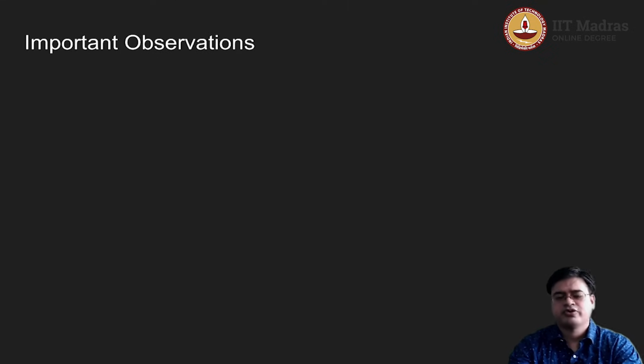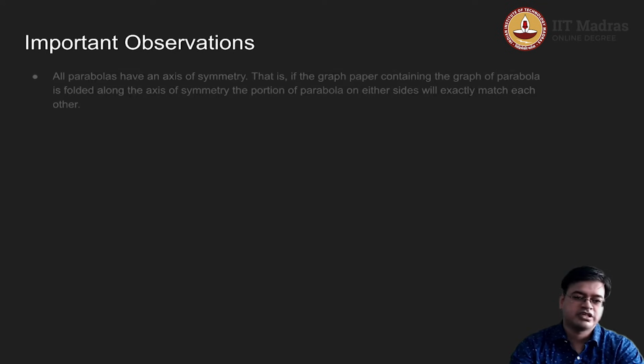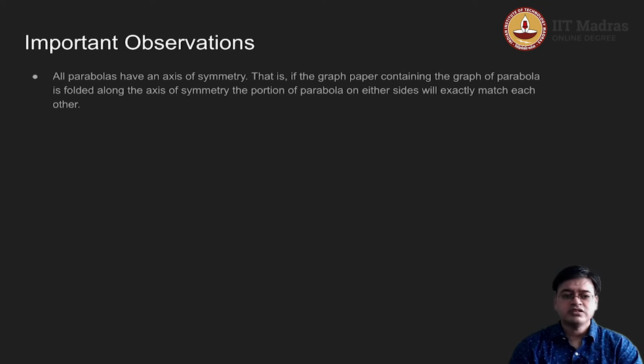So there are few important observations. If you consider the equation y is equal to ax square plus bx plus c, all parabolas, I have shown you 2 parabolas, y is equal to x square plus 2x plus 1. Both parabolas have an axis of symmetry. Inevitably, all parabolas will have an axis of symmetry.